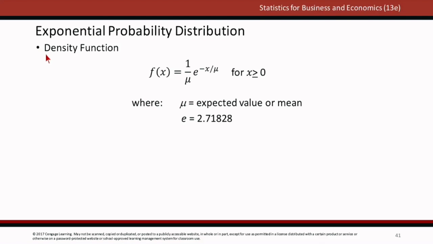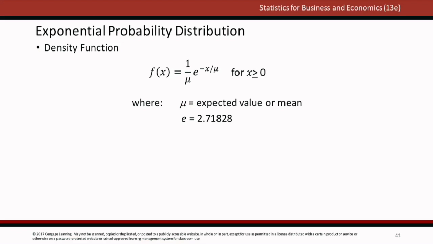Now, the probability density function of the exponential probability distribution is given by this formula. The function is defined through an exponential function: 1 over mu, multiplied by e to the negative x divided by mu, where x is a value greater than or equal to 0.